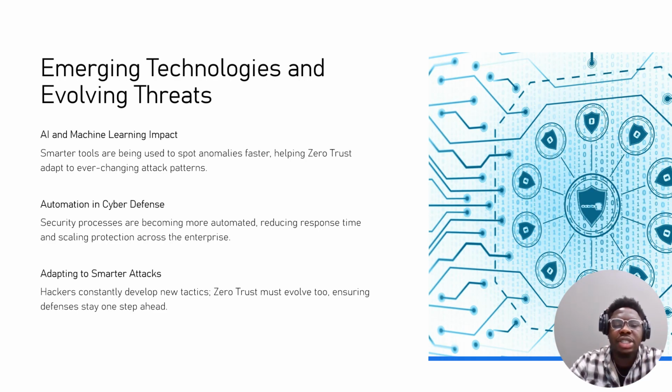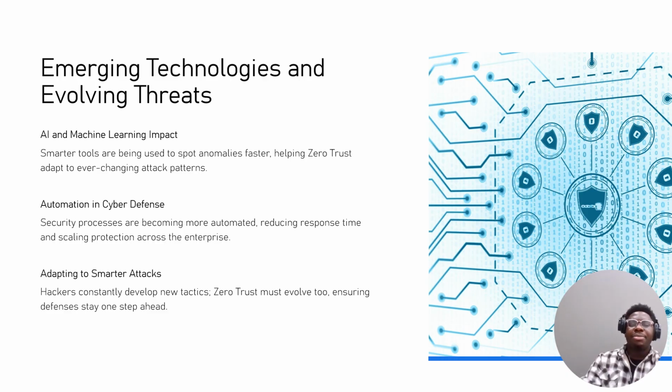Emerging technologies and evolving threats. This is something we really need to look at because the rise of AI is becoming very alarming. We can both agree. But as AI grows, these bad guys, these hackers, also utilize AI to carry out their activities.